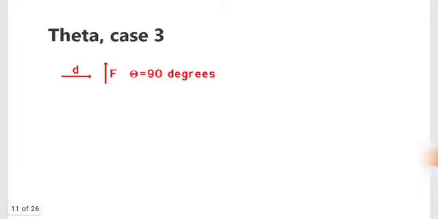Pwede din naman case number 3, di ba? Pag case number 3, perpendicular yung displacement and the force. So for example, you have an object that is moving to the right. So displacement mo to the right. Pero di ba hindi lang naman applied force yung pwedeng force acting on this particular object. Di ba meron ding normal force, especially if nagmo-move siya over a horizontal surface. So is the normal force doing work on the object?